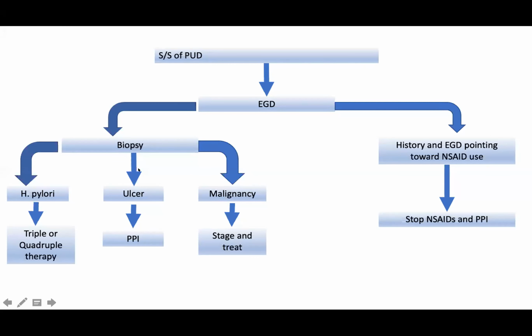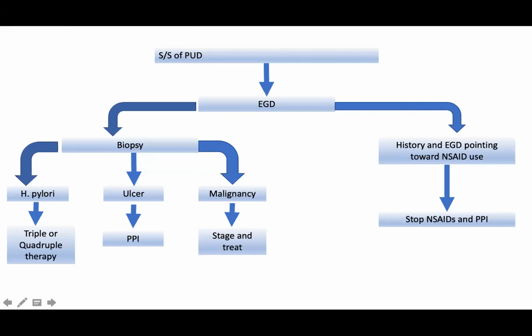Now, if it's not characteristically an NSAID-induced ulcer, then you will biopsy this ulcer, and you may have different categories for the causes. It's either going to be an infection, H. pylori infection. I will come in a minute to how to diagnose H. pylori using a biopsy.